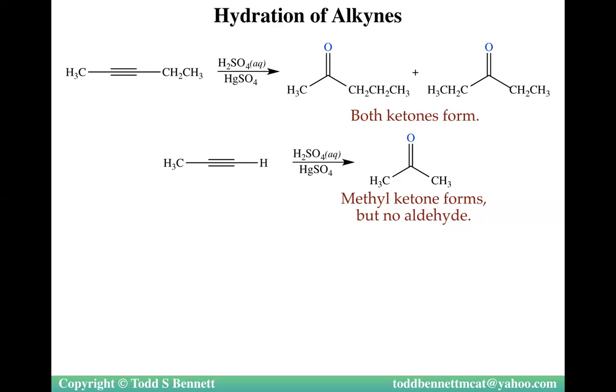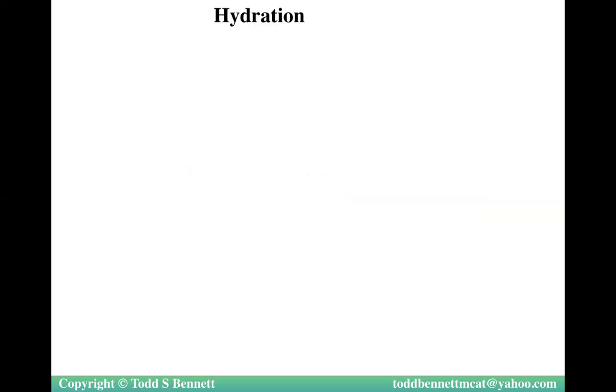In the terminal case, you end up getting it only there. You don't get it that side, because mercury is going to bind to the terminal side, which means the O is going to bind on the opposite side.